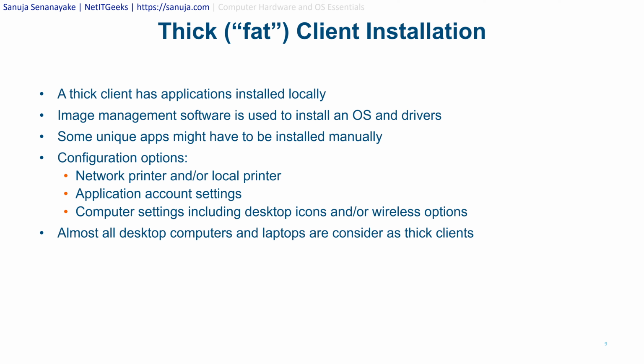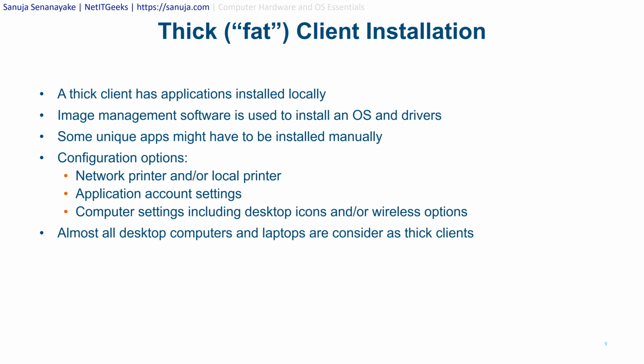If you don't use the Office 365 online version with the thin client, which can be done, you can do a thick client installation of the full Office suite onto the client itself. You can do much more advanced things such as video editing, and some unique apps might have to be installed manually on those thick clients that otherwise may not be able to run on the thin clients.